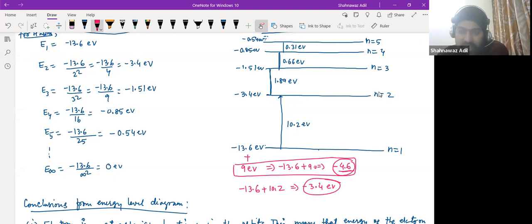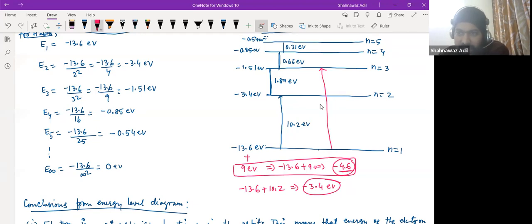So the electron is very peculiar about energy absorption. It will absorb only that much energy which matches the energy difference between two energy levels. So let's say the electron wants to jump from this orbit to this orbit.